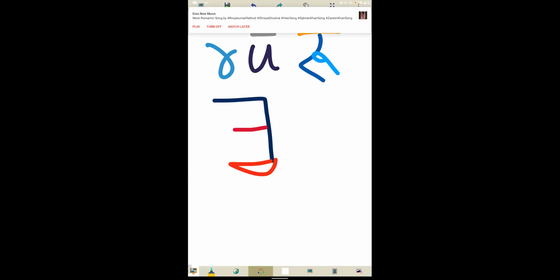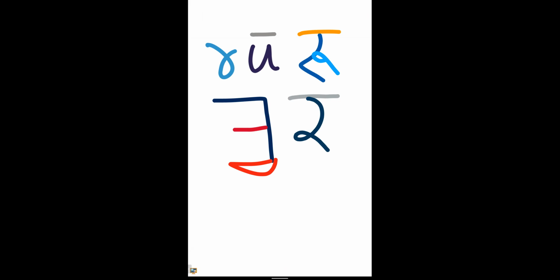And ru is very interesting. I will just show you ru. This is ra with long u, especially ru, that we do in Devanagari. I can show you. This is ru. As you know, in Nandinagari this is the ru, but the variant will be purely Devanagari.